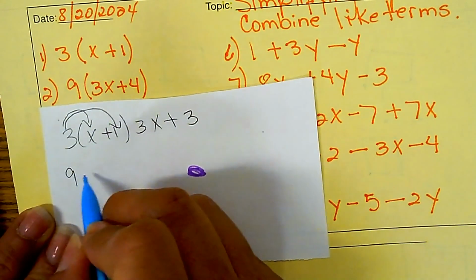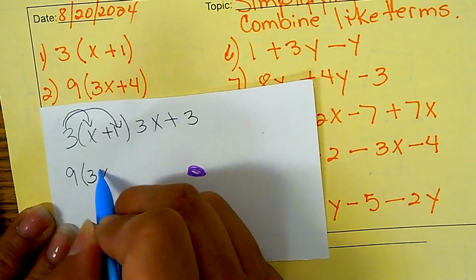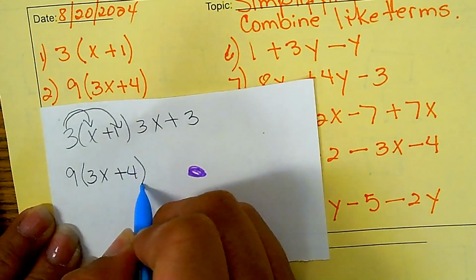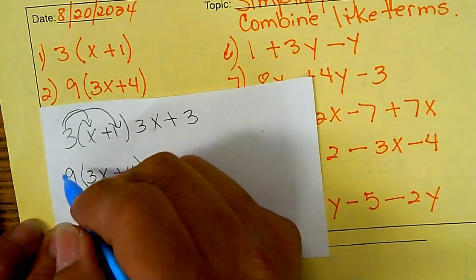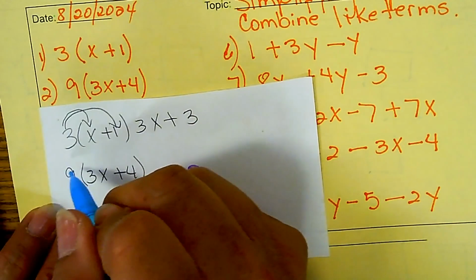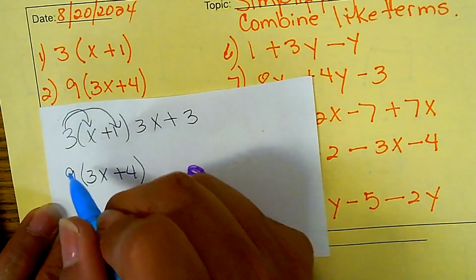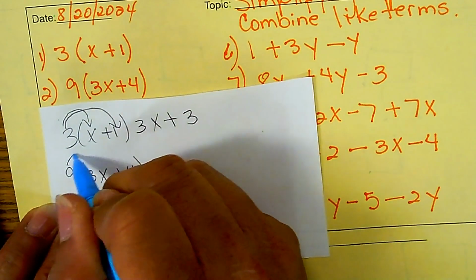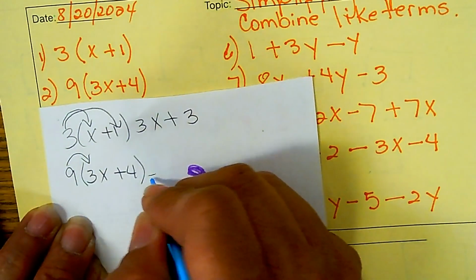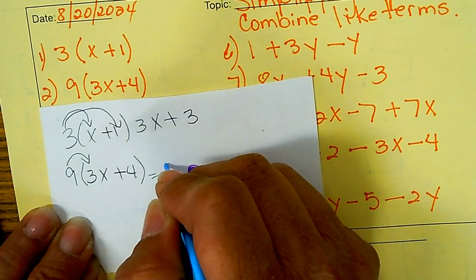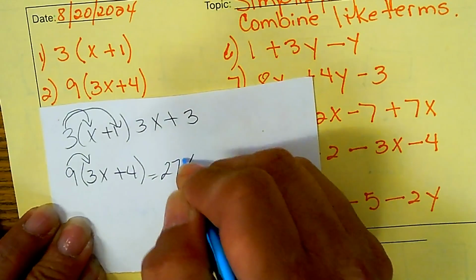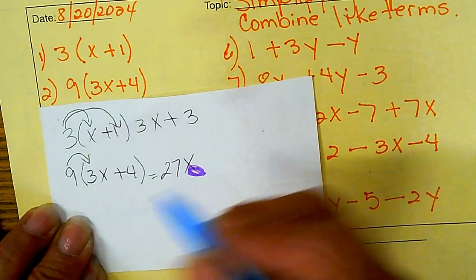So we have 9 parentheses 3x plus 4. Again, we're going to use the distributive property, right? So we're going to multiply the outside number with what's inside the parentheses. 9 times 3x. What is it, guys? 27x.